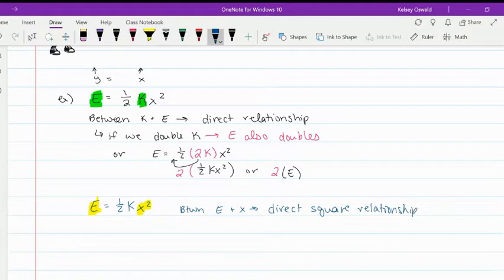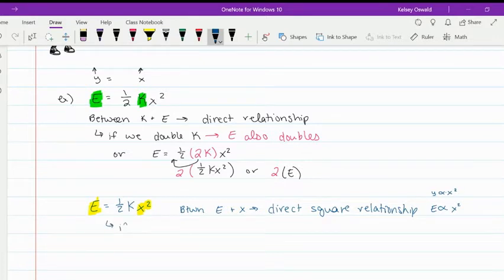Because we can see that e, or our y value, is going to be proportional to x squared in our expression. So this tells us we have a direct square. That means, in this case, whatever we do to x, the square of that will happen to e.